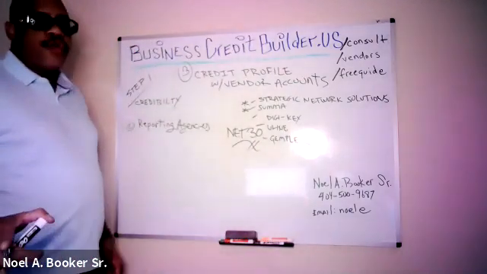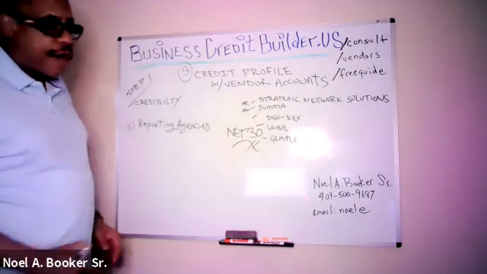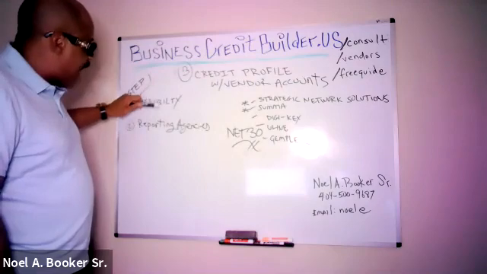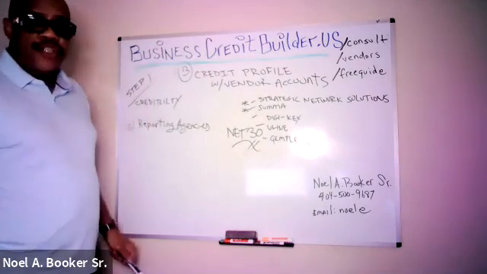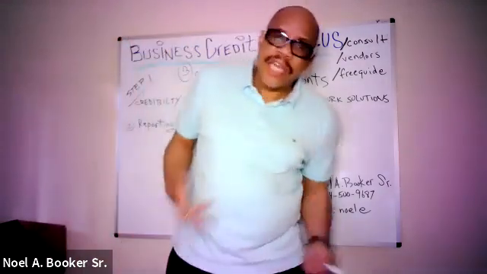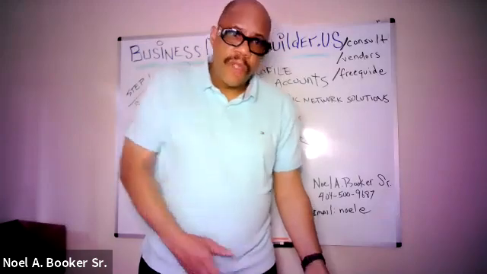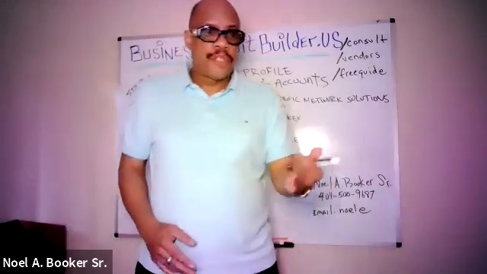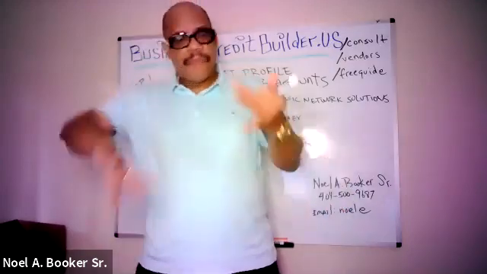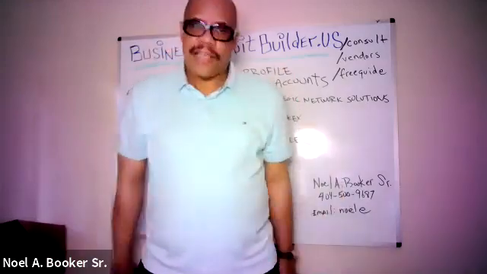So before you get to create your credit profile using vendor credit, you have to do the credibility and you have to understand the reporting agencies and why you need access to your business credit reports. You will get them from the 3 major business credit reporting agencies, which are Dun & Bradstreet, Experian, and Equifax.